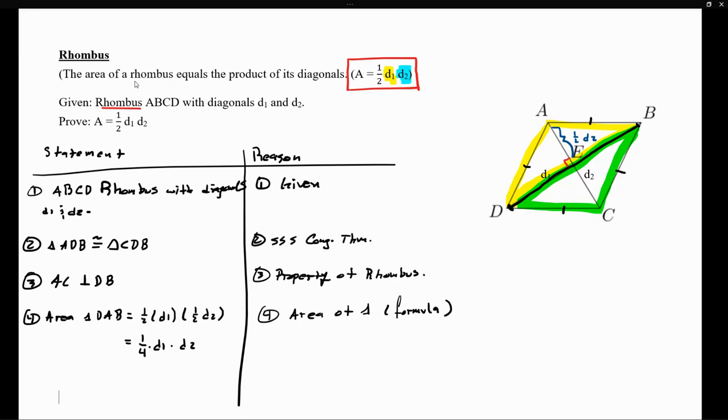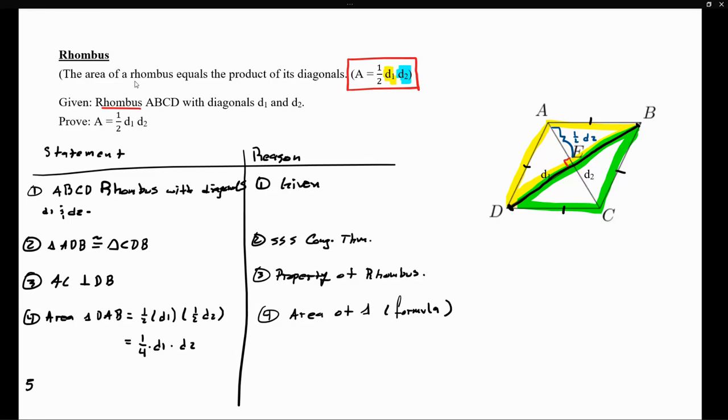So notice that this expression, 1 quarter D1 times D2, is only going to give me the area of the yellow triangle. But since the yellow is equivalent to the green, if I add those two triangles, I must be getting the area of the whole rhombus.